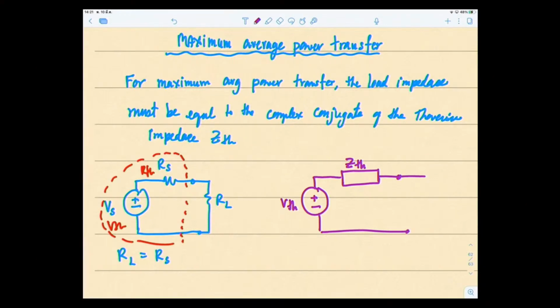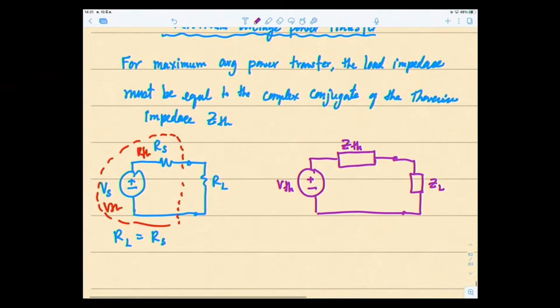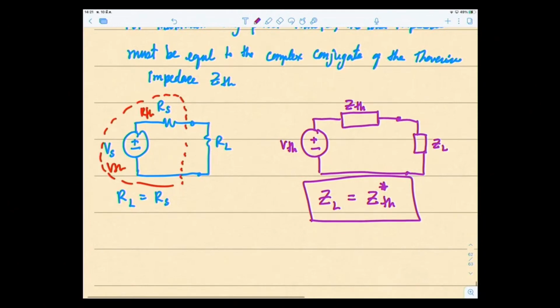And if you hook up not a resistor but a load impedance, ZL, to have the maximum average power transfer to the load ZL, your ZL must be equal to ZTH conjugate, and the maximum power is equal to the magnitude of VTH squared over 8 times RTH.